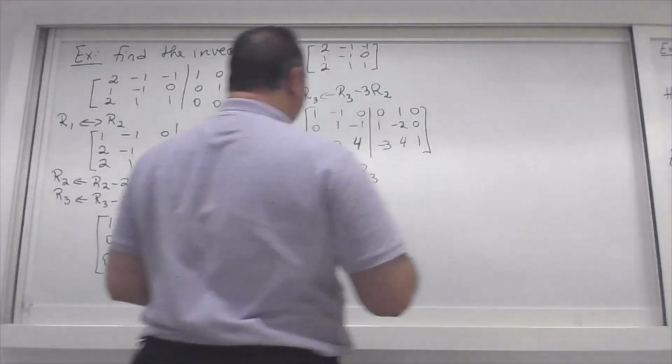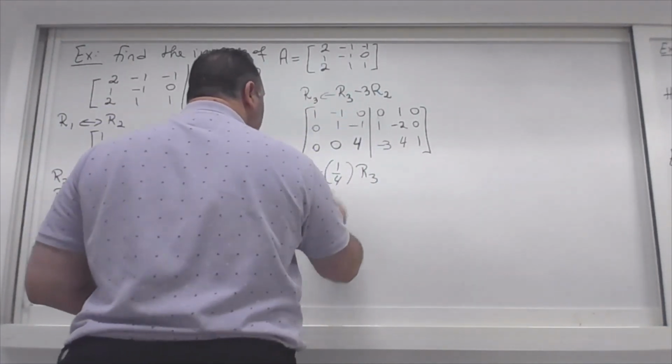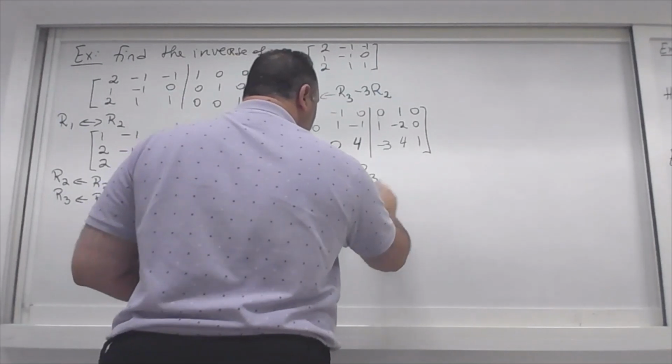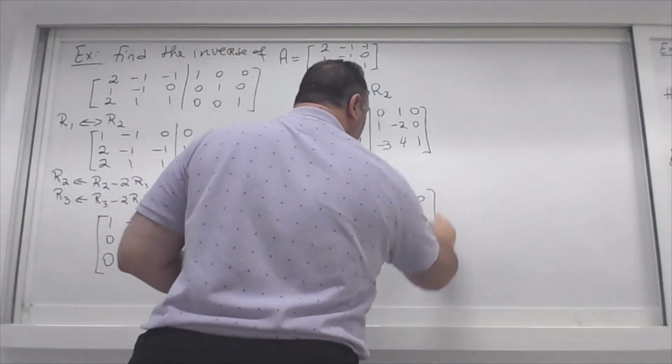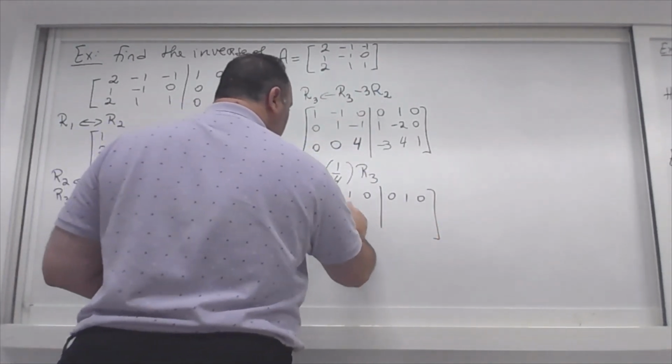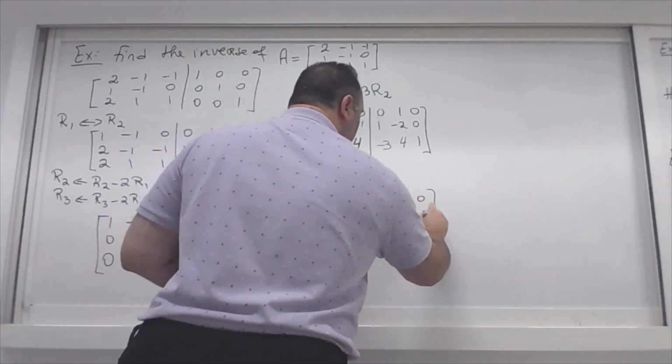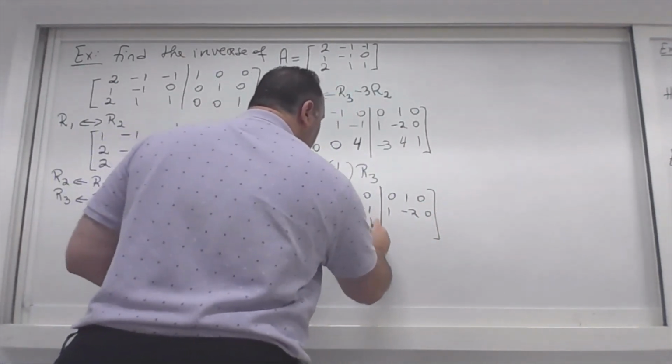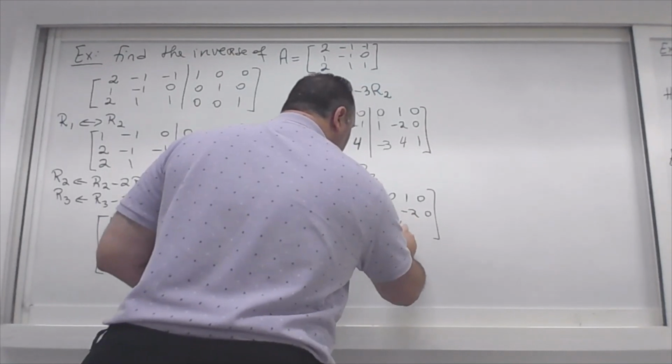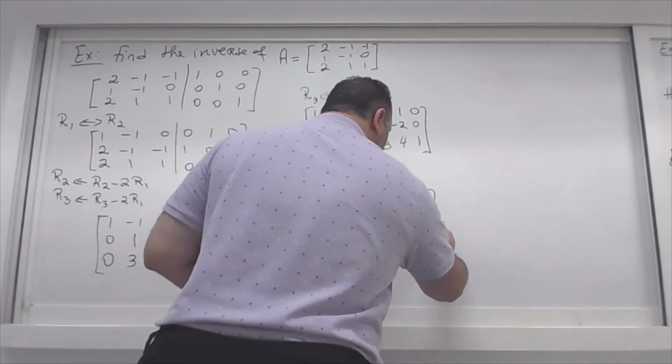Good. So let's go. Negative 3 over 4. Okay. We have fractions. What can we do?